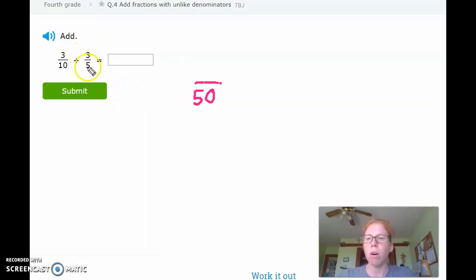Now, in the video, remember that they took the opposite fraction and moved it over, and they multiplied the fraction next to it by that whole number. So essentially what we'll do is we'll multiply 3/10 by 5/5, and we'll multiply 3/5 by 10/10, and then we will add them together.